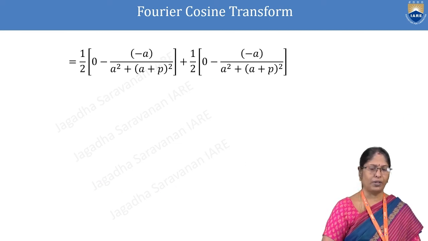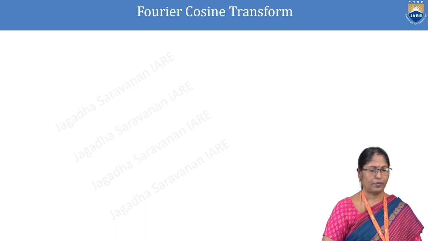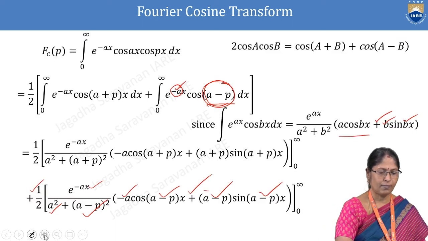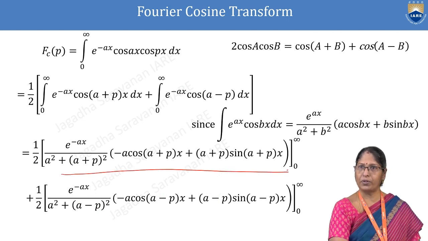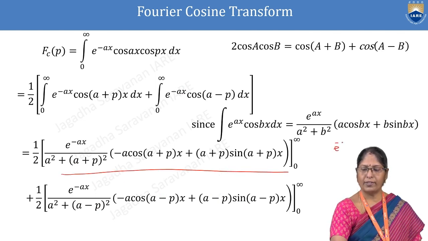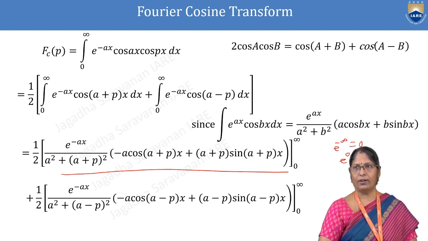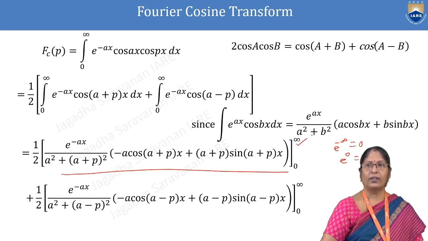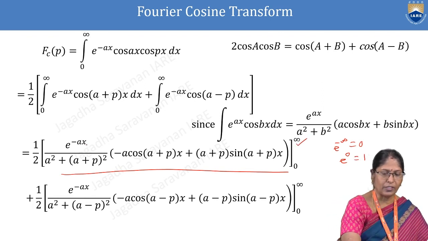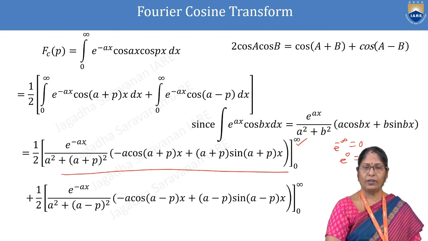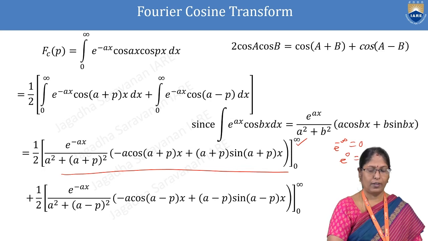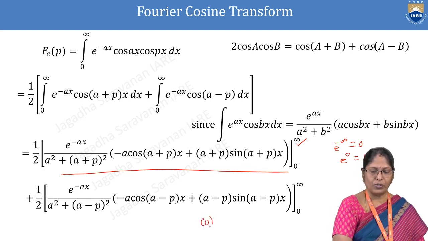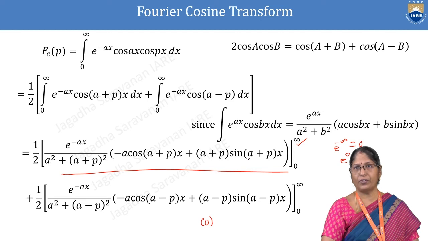Now we substitute. So here, the first one we will substitute. e power minus infinity equals 0, e power 0 equals 1. According to that, the upper limit, we are substituting in the place of x because we integrated with respect to x. So the upper one is 0, completely it vanished.